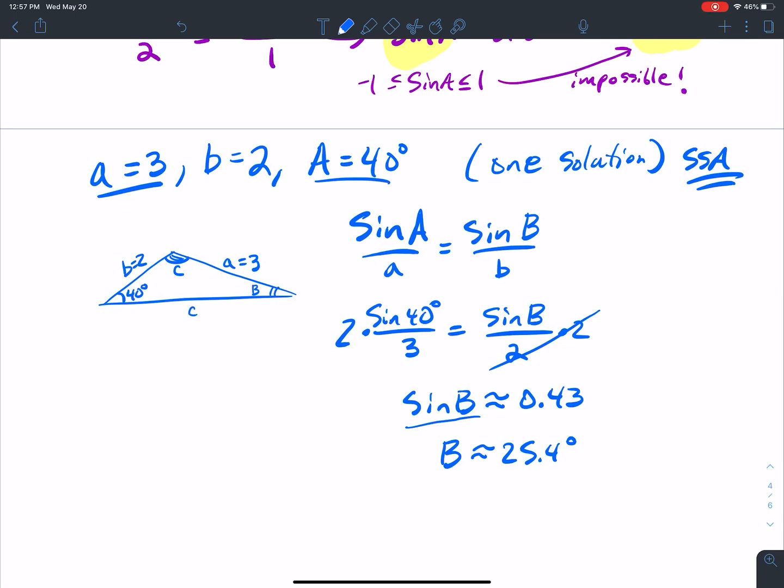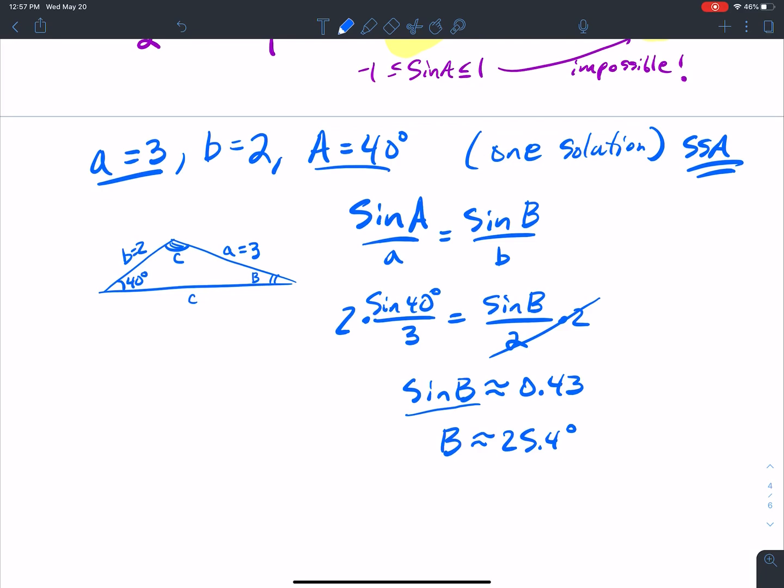And what else do I know? Well, it could also be 180 degrees minus 25.4, which is 154.6 degrees.